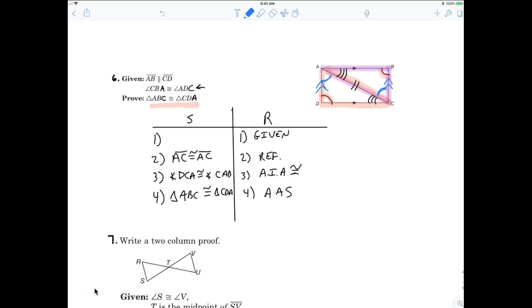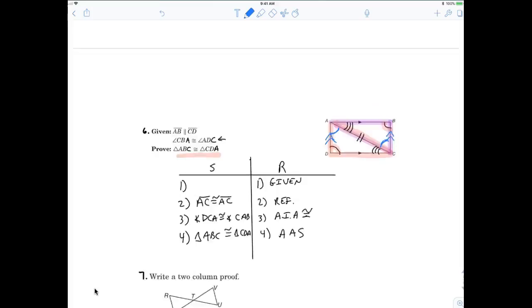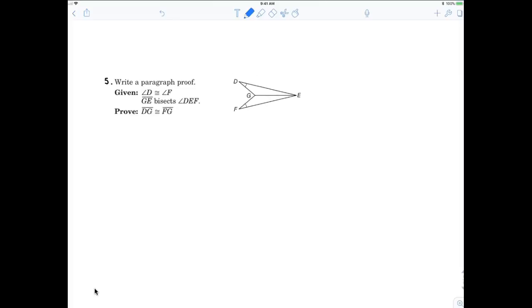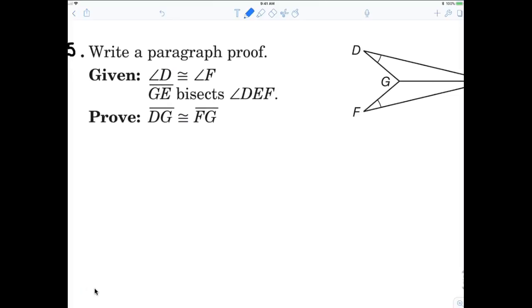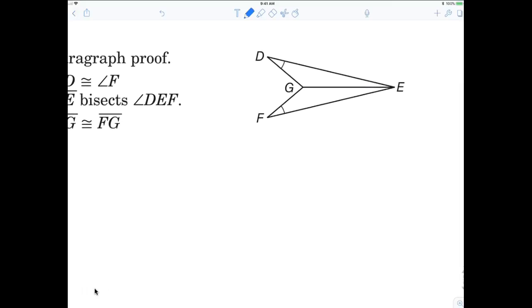All right. On number 5, I forgot the bisect. It's just the definition of bisect, right? So if GE bisects angle DEF. Now, again, I was telling somebody last night, if it looks true, it probably is true. So GE bisects this angle.